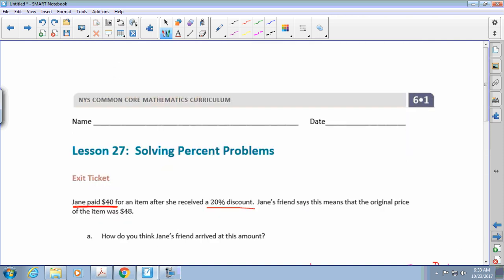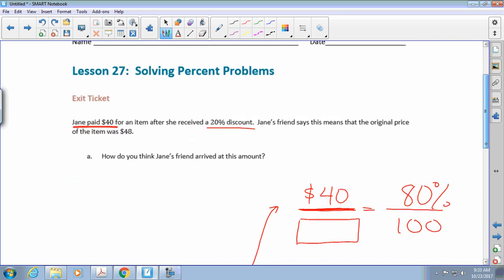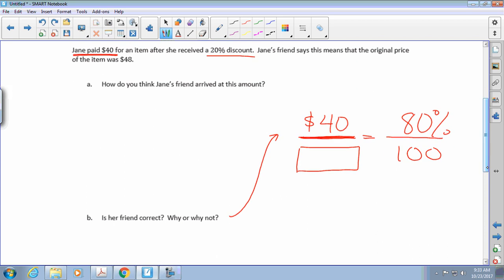So the understanding that you have to complete these problems is that percents are out of 100, obviously, and that a price, when you're dealing with a sale, is made up of the percent that you are saving and the percent that you are actually paying. Okay, so if you're getting 20% off, you're actually paying 80%, right? If you're getting 25% off, you're actually paying what percent? 75%.